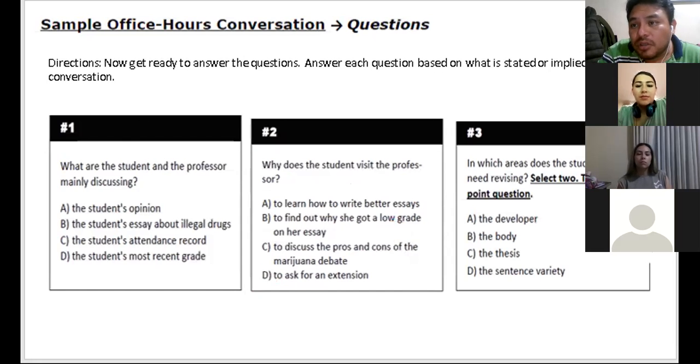But it was the introduction, setting the context. So you go because you need an extension of your work. Okay, that's why we have letter D as the answer.